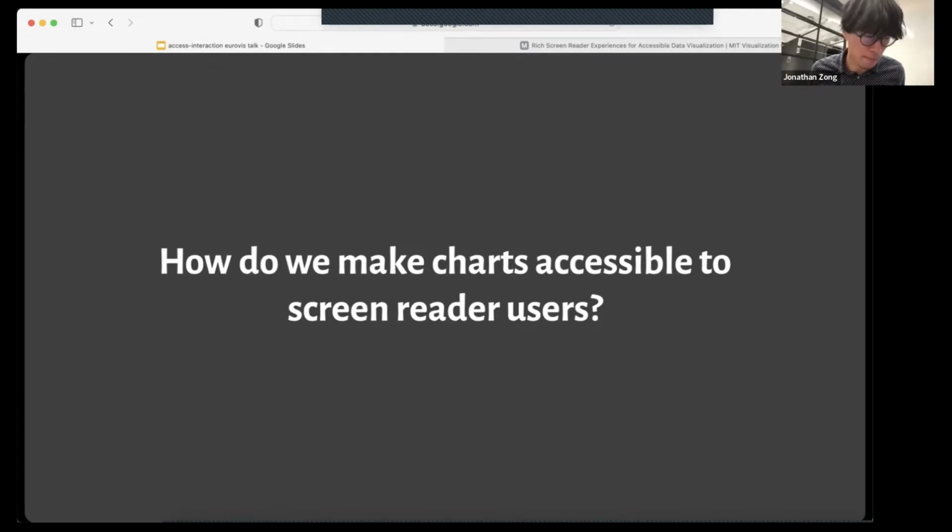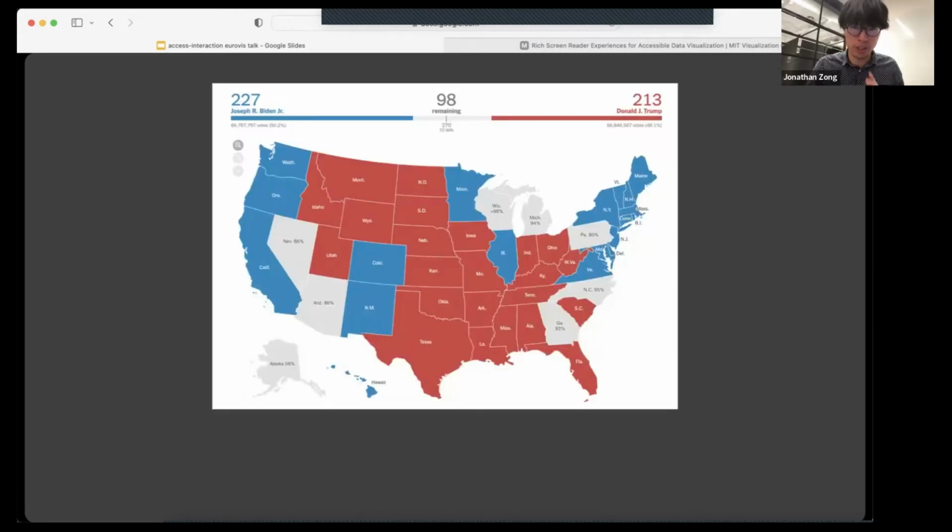So the goal of my work with the MIT Visualization Group has been to think about how we make these charts more accessible to screen reader users. I'm just going to talk through some of the current existing approaches using this US election map from that video as an example case.